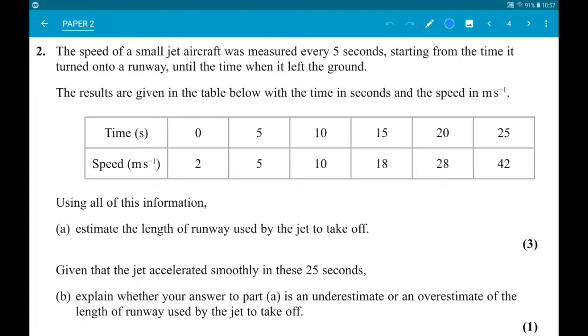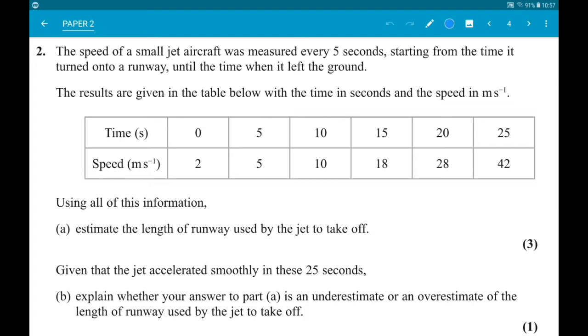Given that the jet accelerated smoothly over these 25 seconds, explain whether our answer was an underestimate or overestimate to the length of runway used by the jet to take off. Alright, so if we look at the speeds, they are getting faster, quicker. So the speed over this period is exponentially increasing.